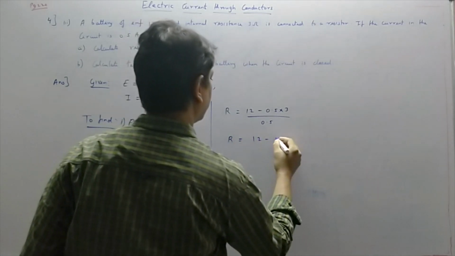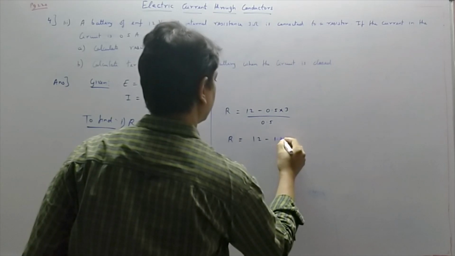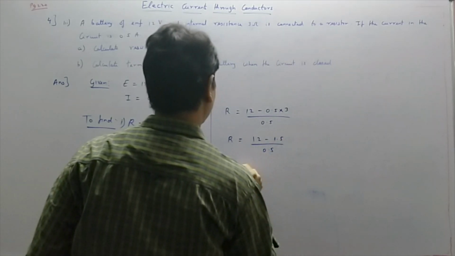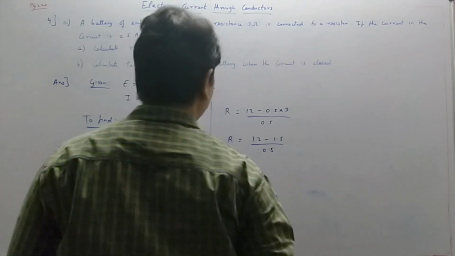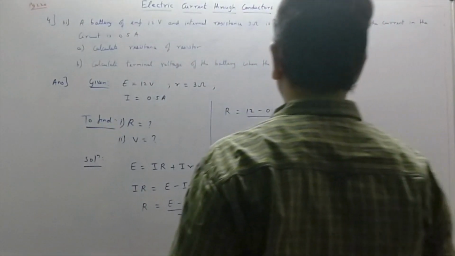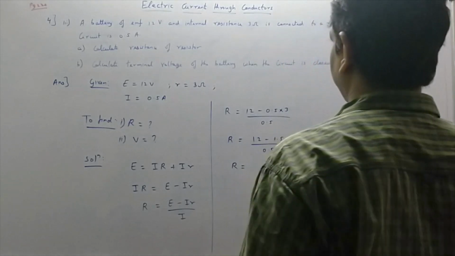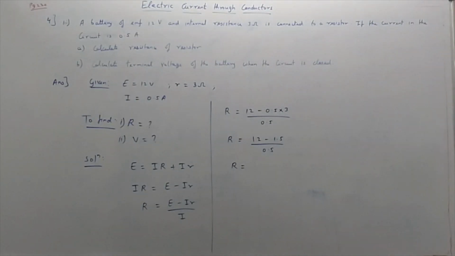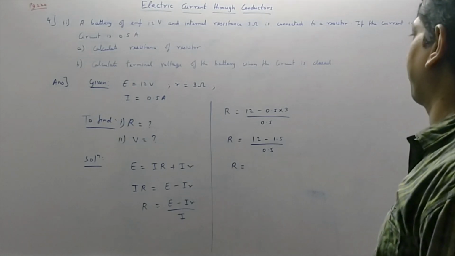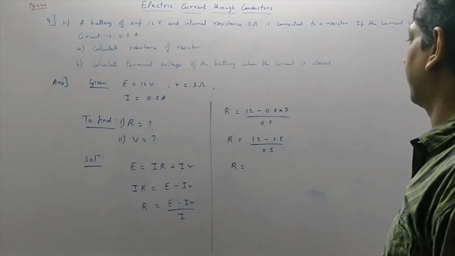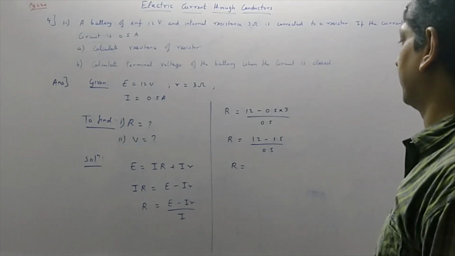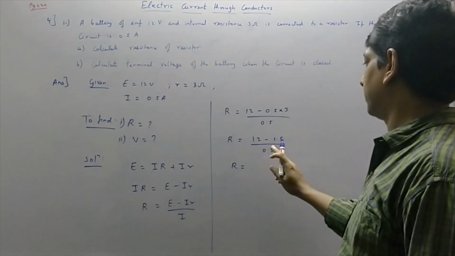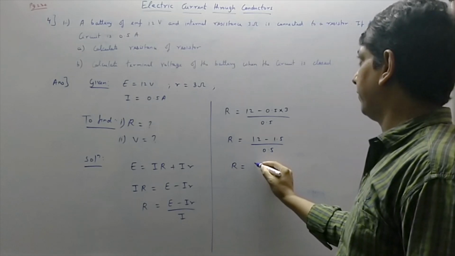12 minus 1.5 upon 0.5. See what answer you will get here. So it will be 12 minus 1.5. Solve this, see how much answer you will get. So how much do we get here? It is 10.5.